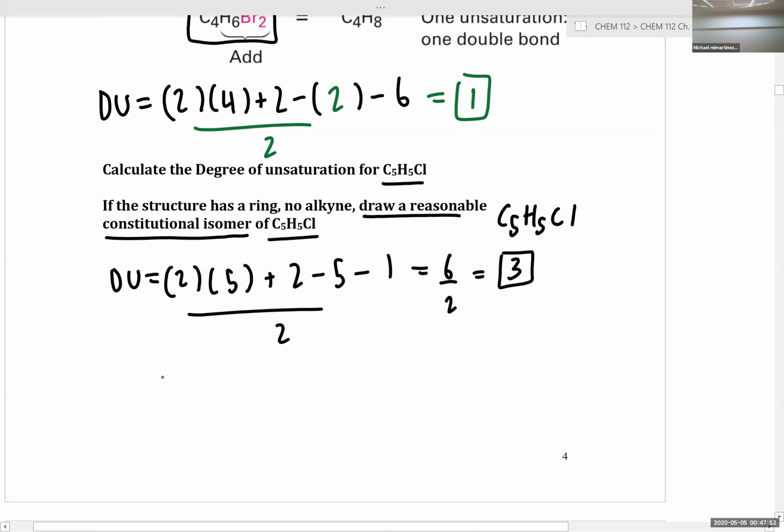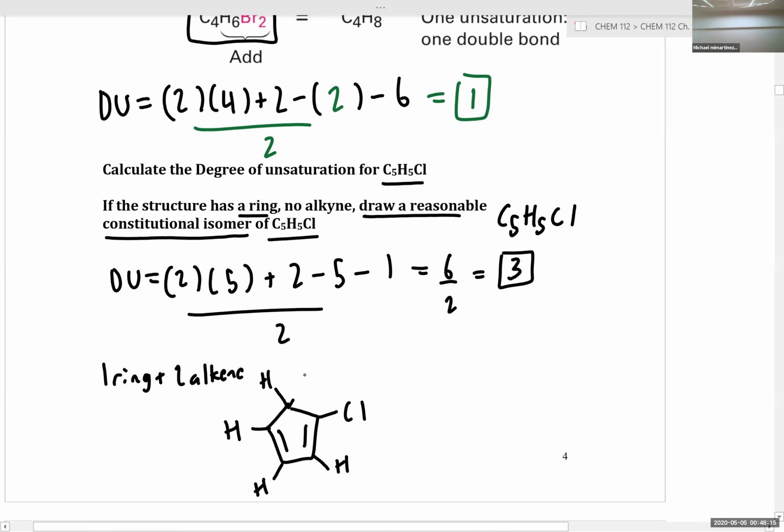Okay? So we need 1 ring plus 2 alkenes if we're following the constraints of our problem. So your classmates immediately drew something that looked like this. Now, of course, it doesn't matter where you put the chlorine.